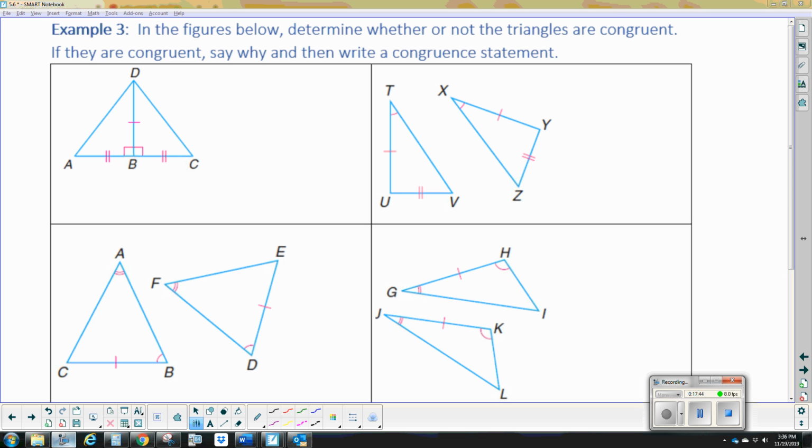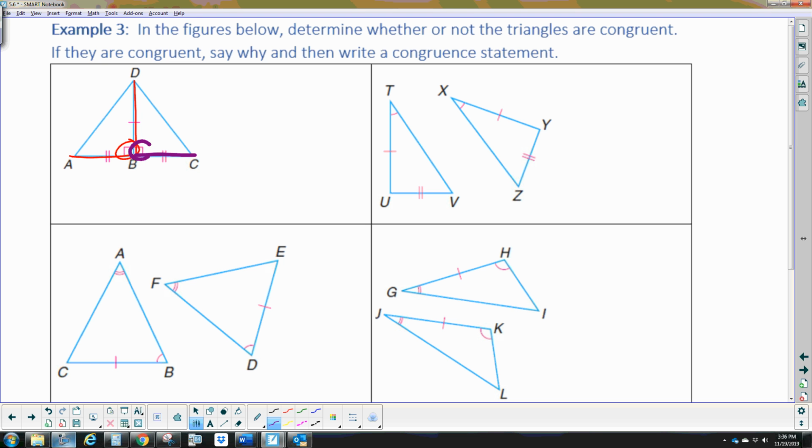So let's look here. In this first triangle, I have a side, an included angle, and another side, and the second triangle has a side, an included angle, and another side. So that's my side, angle, side. And when I write my congruent statement, I want to make sure to match up my corresponding parts.